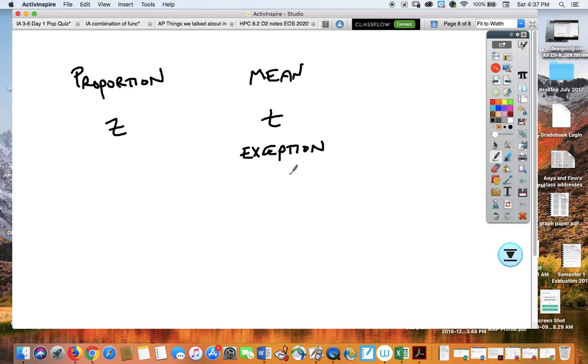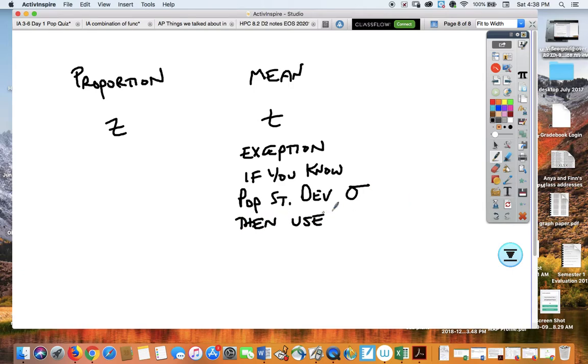The exception would be if you know the population standard deviation, so if you know sigma, then you can use Z even if it's a mean problem. But this exception does not happen very often. So I would say in general, T goes with means, Z goes with proportions.